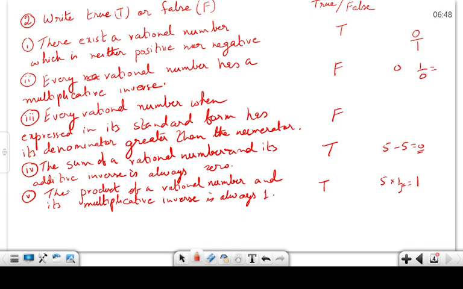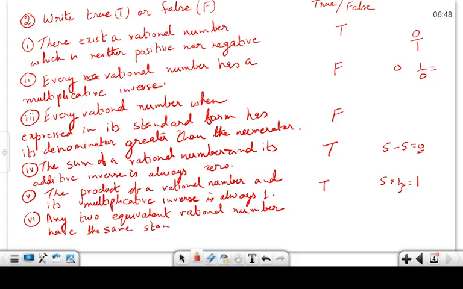And number 6 is any two equivalent rational numbers have the same standard form.